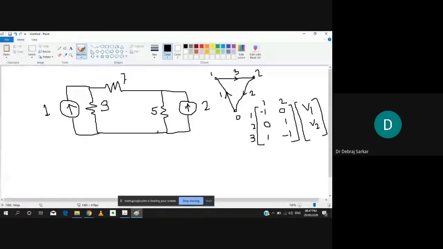If we multiply these two, what do we get? We get V branch 1, V branch 2, V link 3. That is minus V1, V2, V1 minus V2.